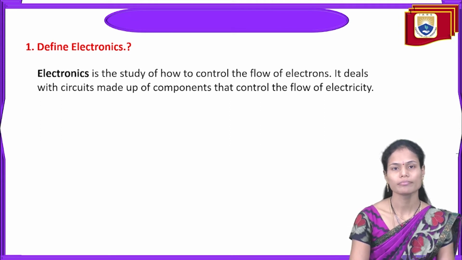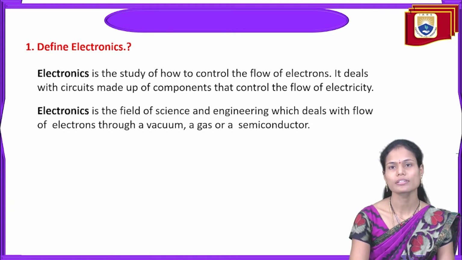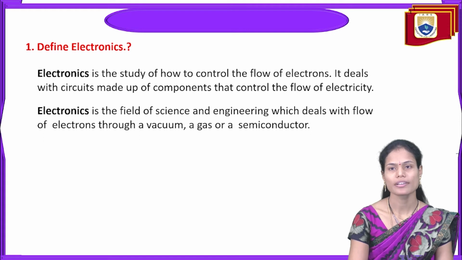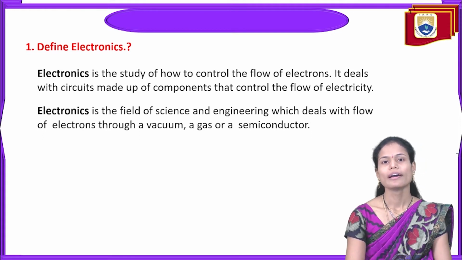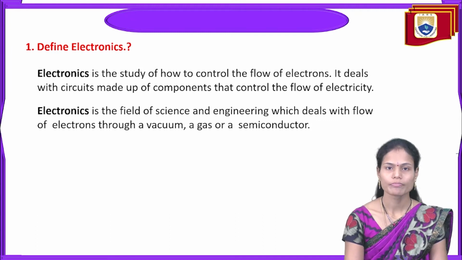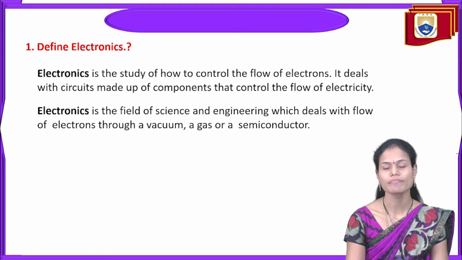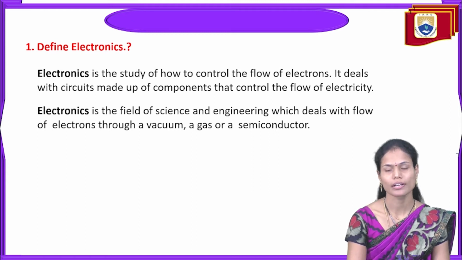We can also define electronics as the field of science and engineering which deals with the flow of electrons through a vacuum tube or through gases or through a semiconductor material. This is also one of the definitions of electronics.